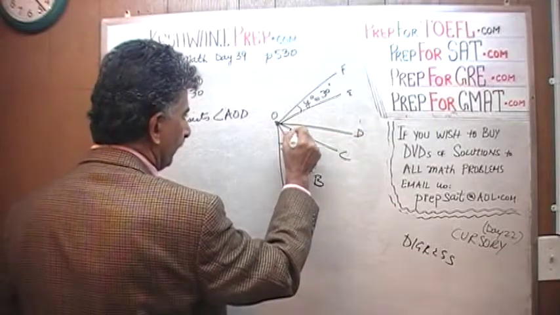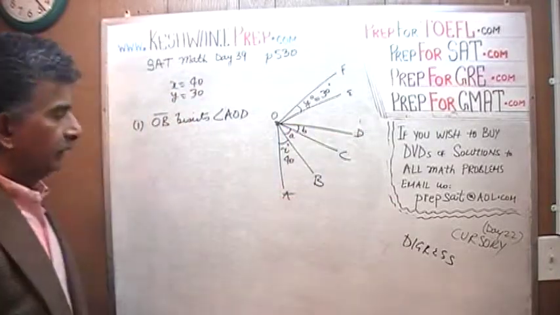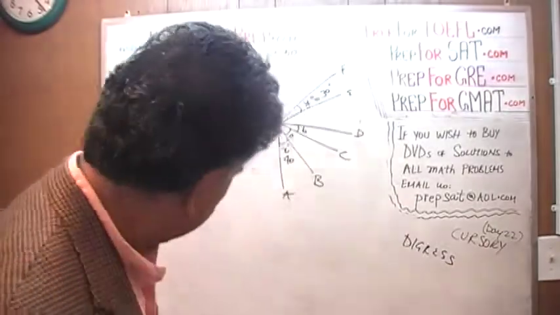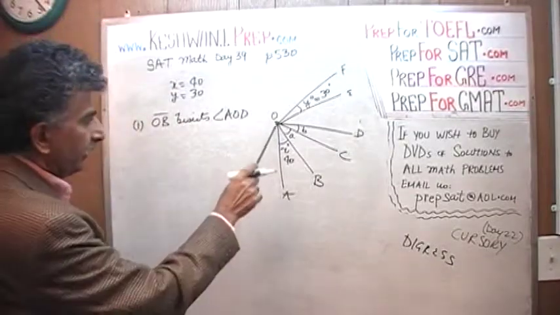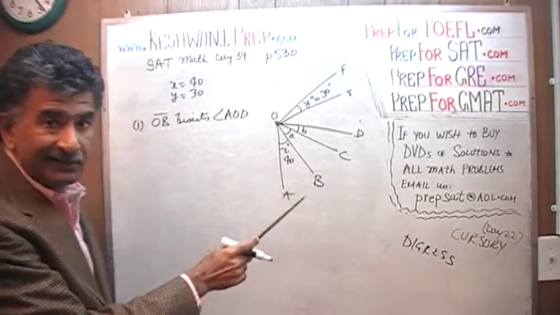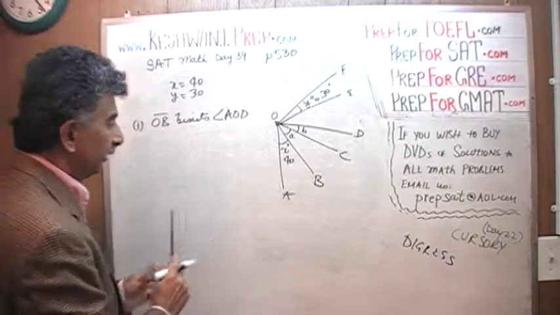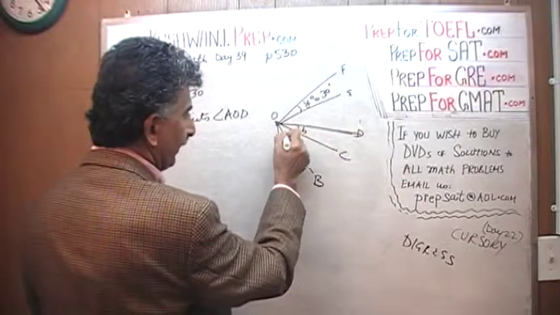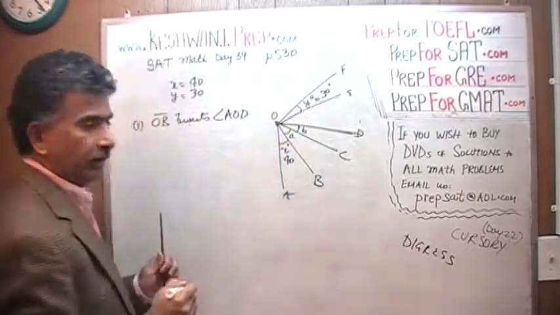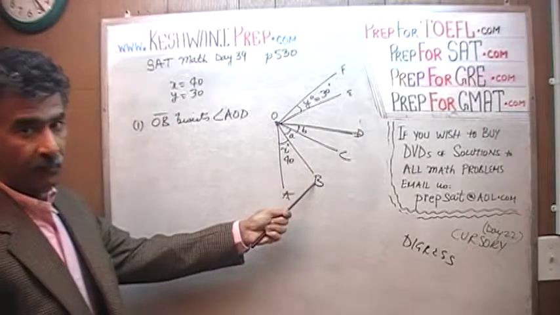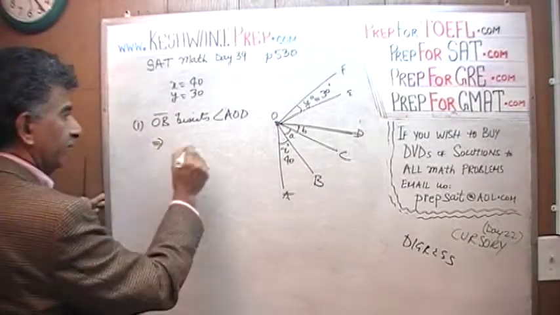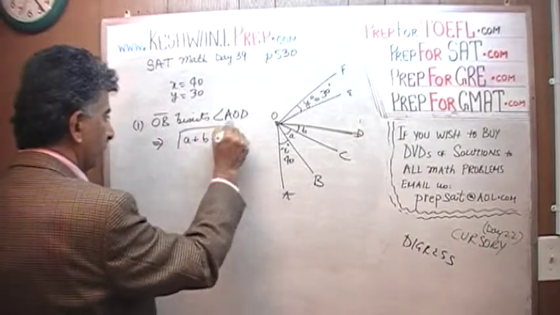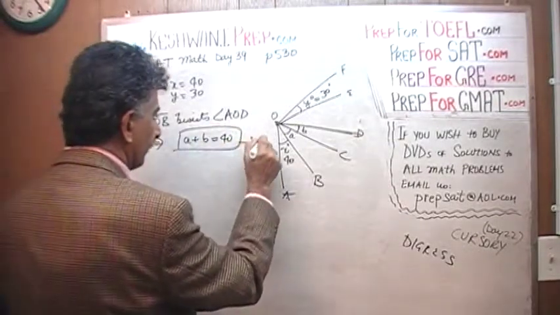Let's call this angle A and let's call this angle B. O to B is right here, OB. And bisects means it cuts in half. So angle AOD that they're talking about is this right here, which means that this angle A plus B must equal 40, because OB cuts it in half. So this tells us that A plus B must equal 40. That's our first equation. Equation number 1.